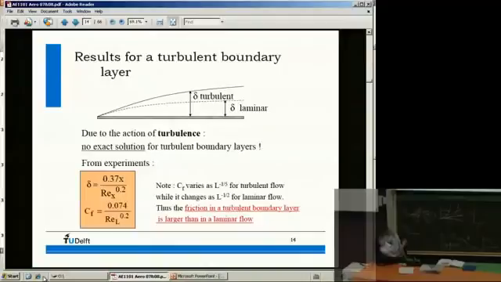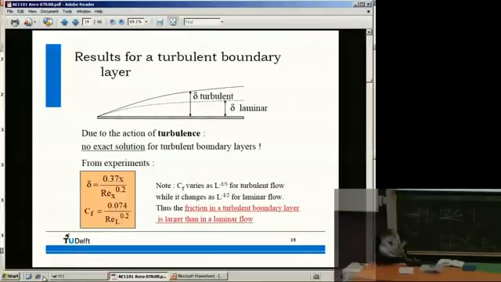And then also the skin friction drag coefficient, you can do a similar trick as we did just now. It scales with not Reynolds L to a half, but to the 0.2. Now please note, the turbulent boundary layer is thicker, right?